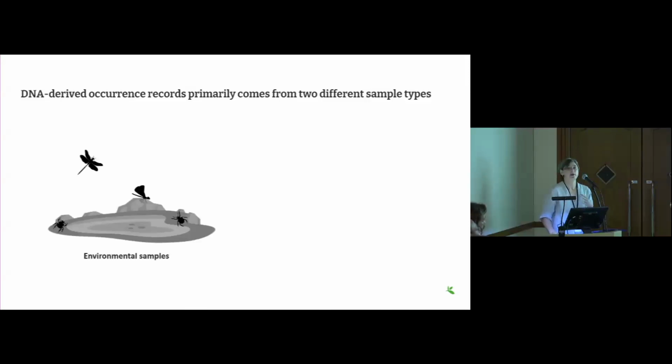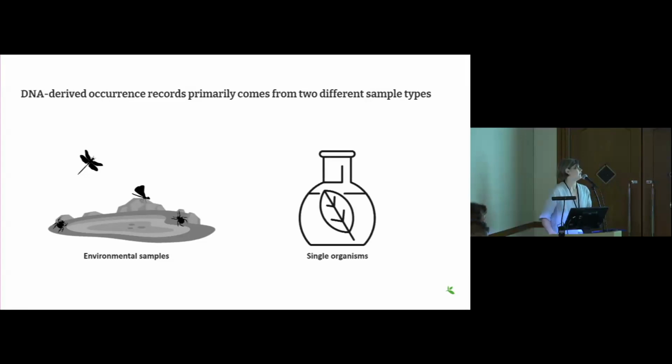So, there's environmental samples. This is DNA coming not from a specific organism, but from the environment around that organism, or multiple organisms. So you take a soil sample, and then you get DNA from that. And then we have single organisms.